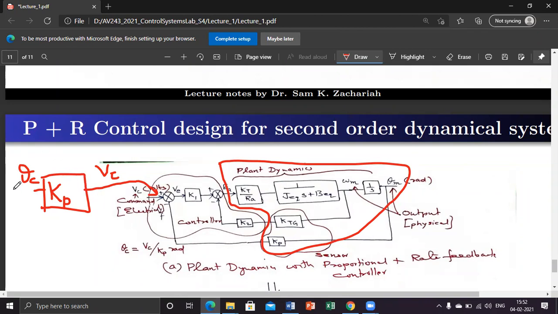Otherwise, we need not worry about this. Normally nowadays everything is done by computer and numbers, and whatever the digital number equivalent to the voltage is converted through a digital to analog converter, that will give the real voltage, and Vc will come. You need not worry about it, and unnecessarily one potentiometer component we can avoid. But mathematically, this is what is happening.